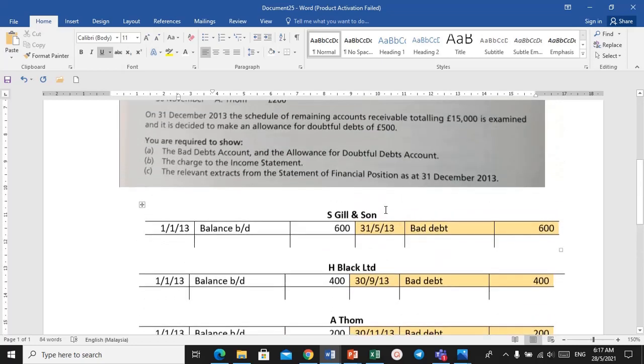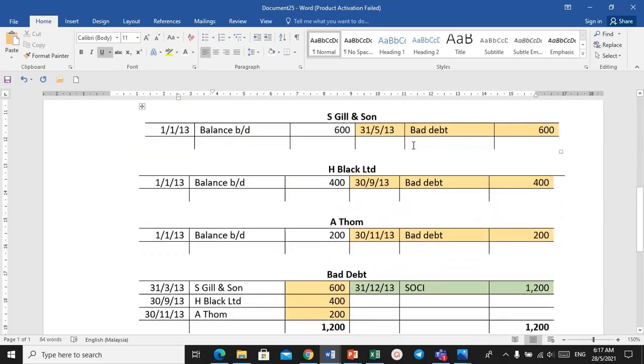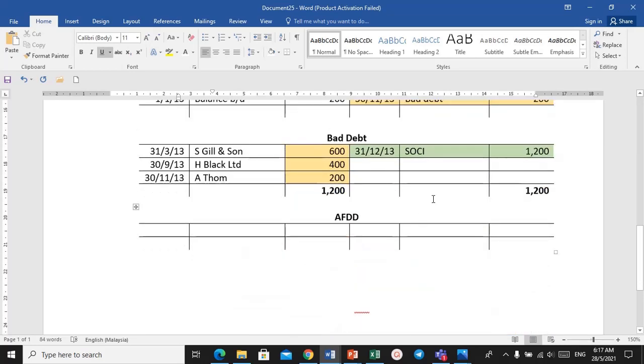The question has already counted the values of allowance, so we simply have to use back the amount. And we know that allowance for doubtful debt is considered as an expense. So for expenses, the double entry would be in the SOCI, and the entry would be on the credit side of the accounts.